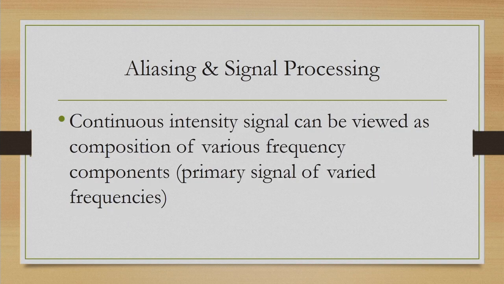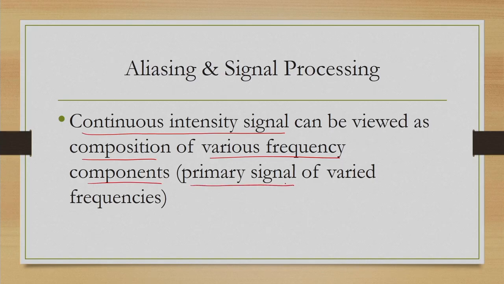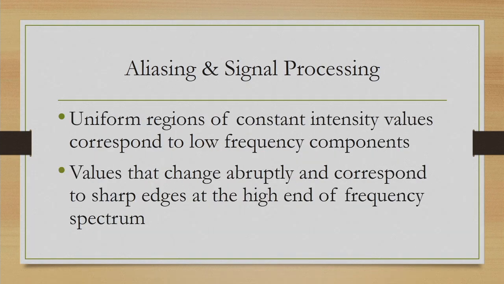Now, how do we do that? Again, we can borrow terms from signal processing. The continuous intensity signal, that is the true image, can be viewed as a composition of various frequency components, or in other words, primary signals of varied frequencies. That is one way of viewing the intensity values. Now, there are two components in those signals.